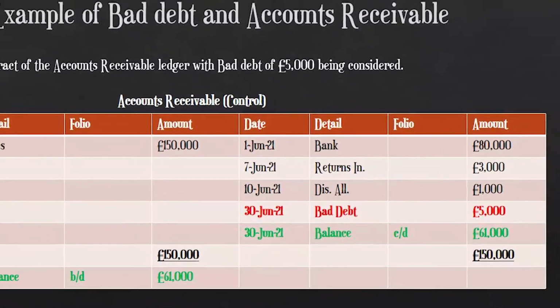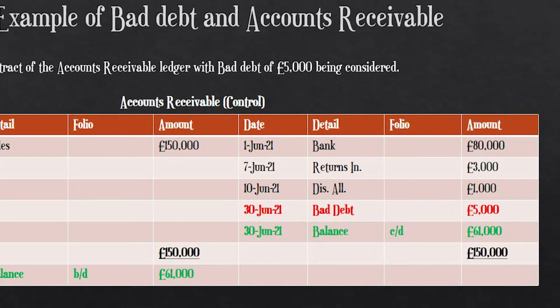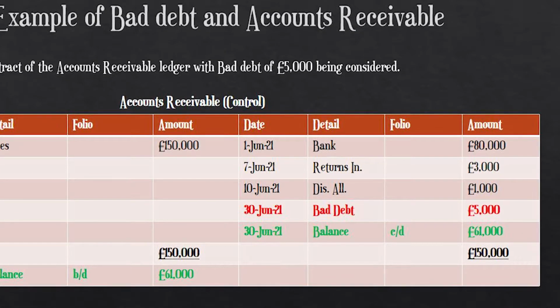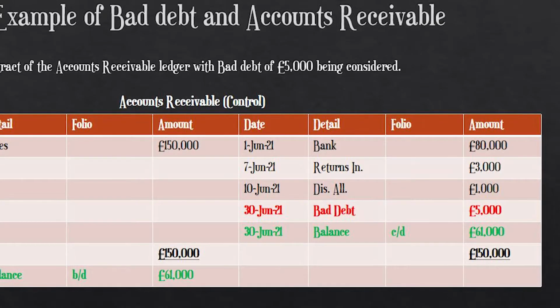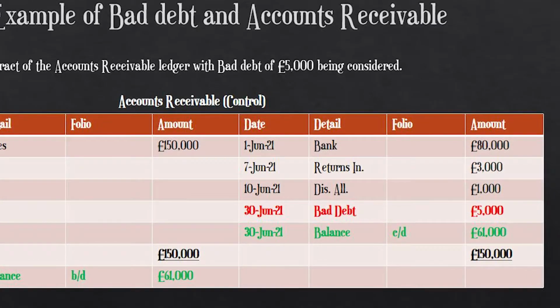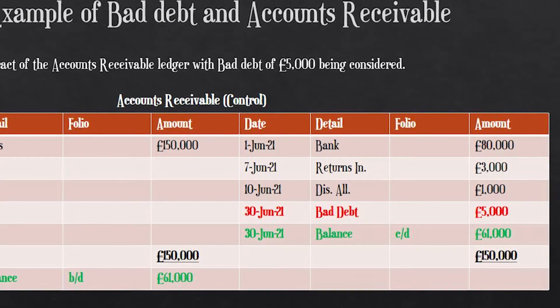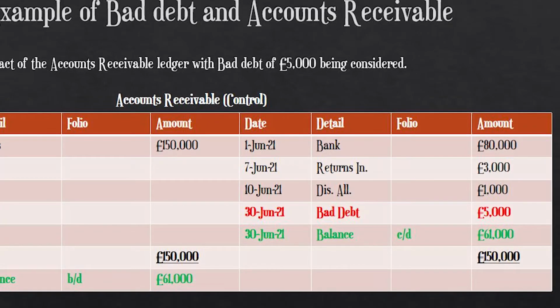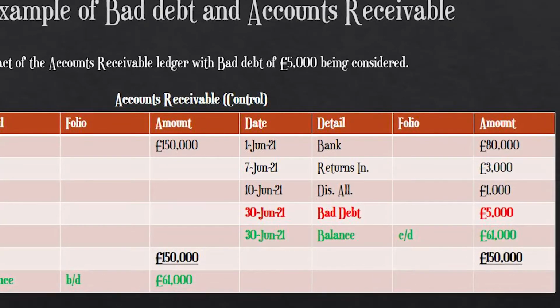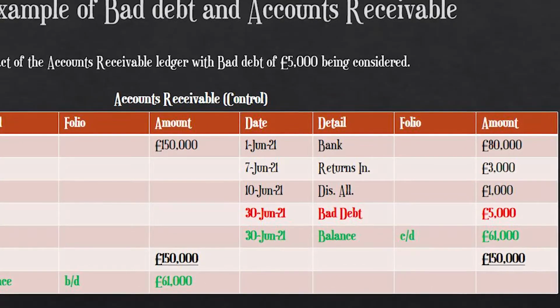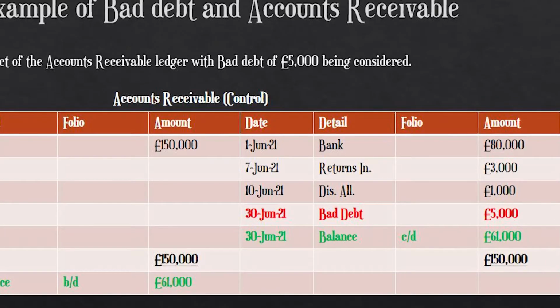Therefore, we need to adjust the figure in the accounts receivable ledger by this amount. Here in this example, the total bad debt is 5,000. So we need to adjust the accounts receivable ledger by 5,000. And here you can see it in red on the 30th of June, 2021. We've realized it's going to be bad. We've adjusted the various accounts, and we also need to adjust the accounts receivable ledger.